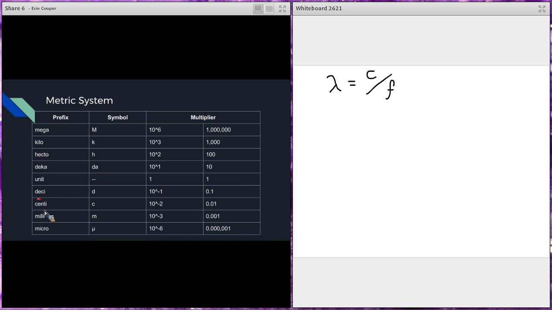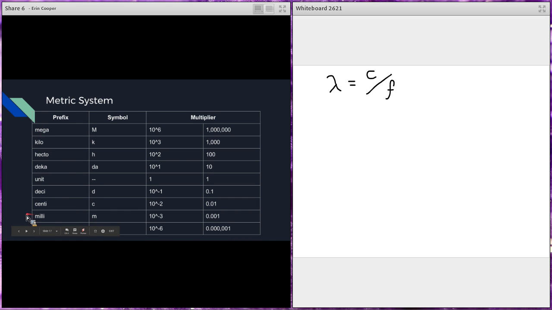And then we have centi. Centi we do use. If you think of century, century is 100. You want to think of that when you're thinking of centi as a prefix. And the symbol for centi is going to be the lowercase c. And then we have milli, and milli is a lowercase m. Remember that mega is a capital M, milli is a lowercase m.